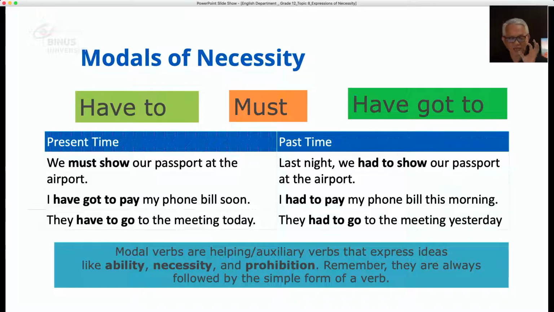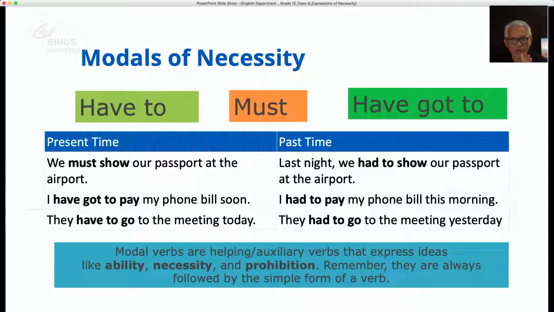All right, what about I have got to? When you want to change it into past, you just have to say, I had to. The same with I have to, which changes into I had to. Or she had to, we had to, they had to, people had to. Okay, so those are the differences. Now, those 3 modals we are talking about are usually used by people to express ability, necessity, and prohibitions, or obligation.